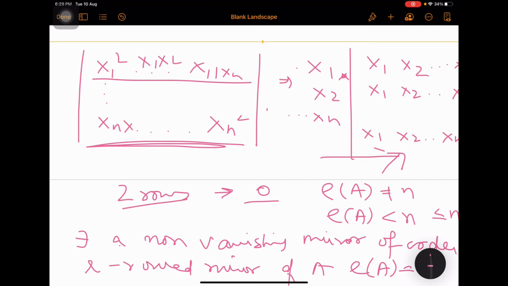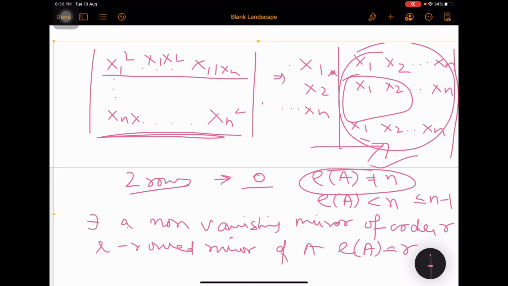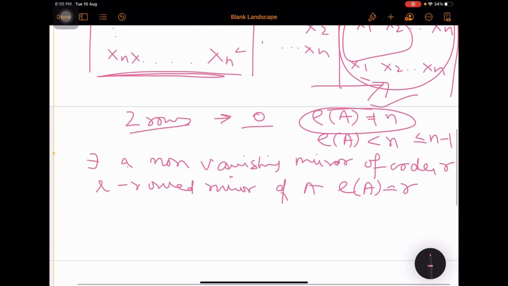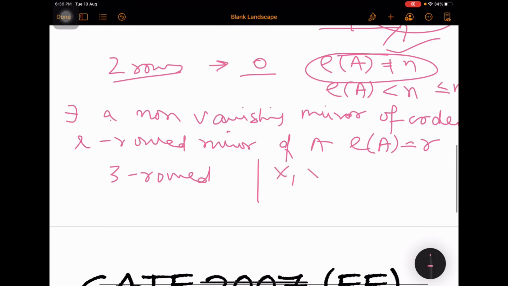Clearly the n-row minor is 0. Now if we go to 3-row minors, 2-row minors, all the minors are becoming 0. If you take 3 rows, they are identical again, like x1 x2 x3.